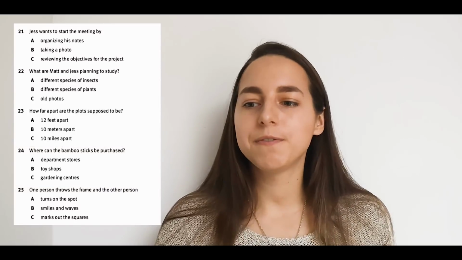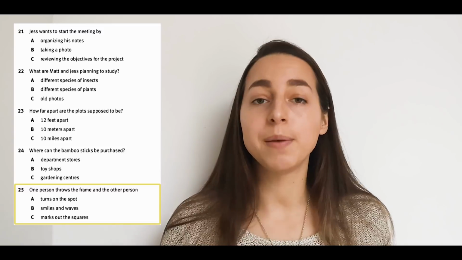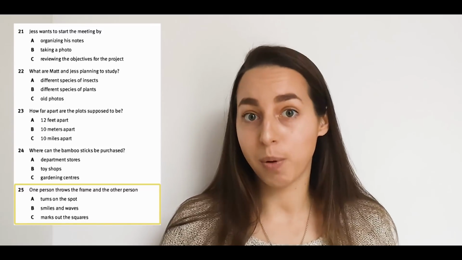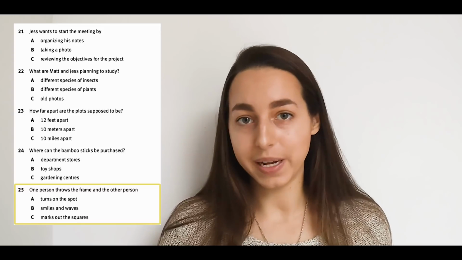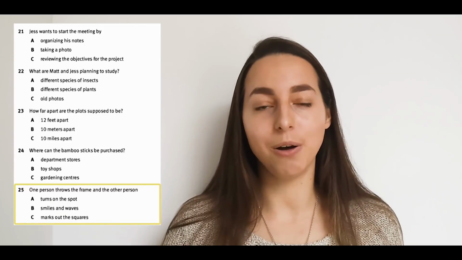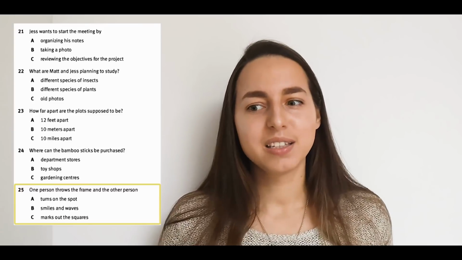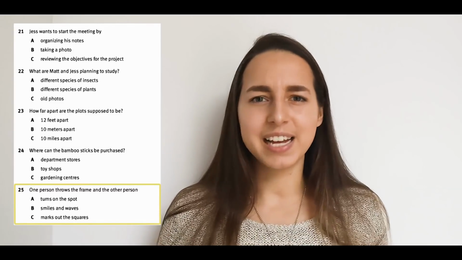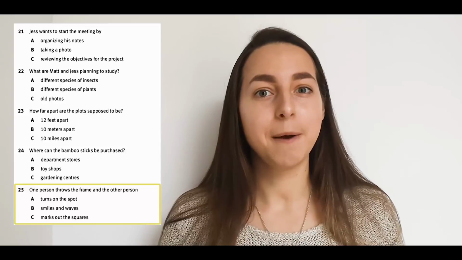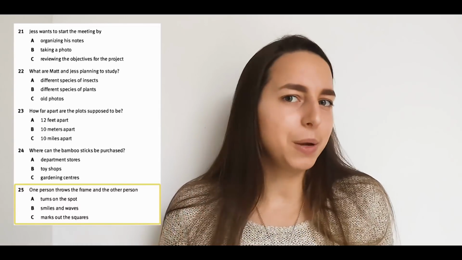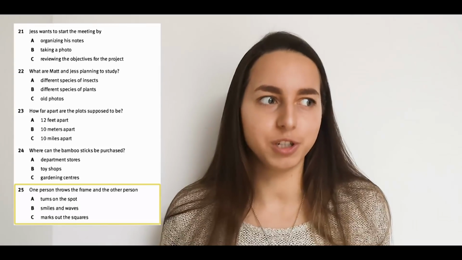Now, question number 25, one person throws the frame and the other person, what do? A, turns on the spot, B, smiles and waves, and C, marks out the squares. Again, let's think about that for a moment. Smiles and waves, really? I don't think this is the correct answer for our research, because you can imagine how smiling and waving can be useful for one's research.